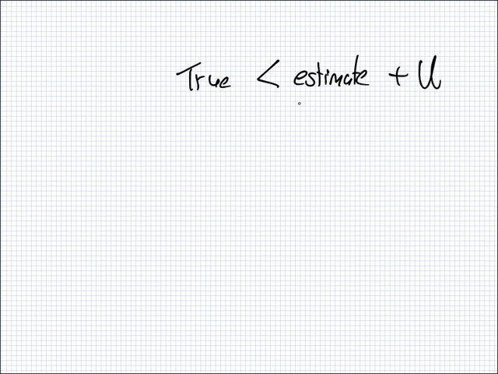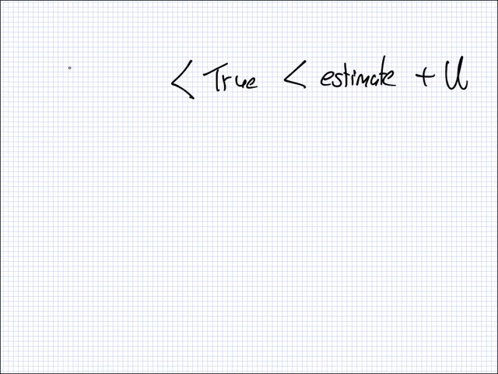So basically what we're trying to do is this. We're trying to say the true value we think will be less than our estimate plus the uncertainty, and it should be more than the estimate minus the uncertainty.